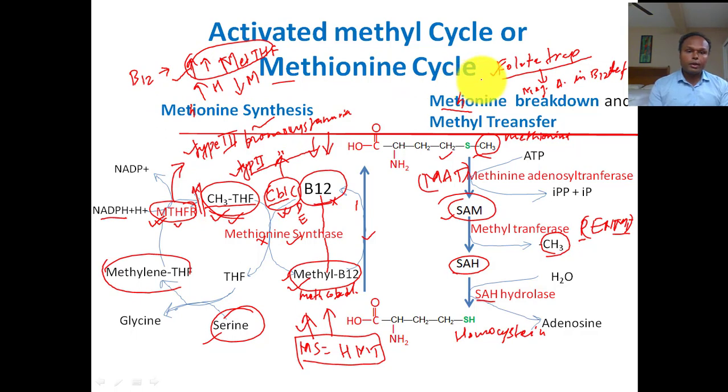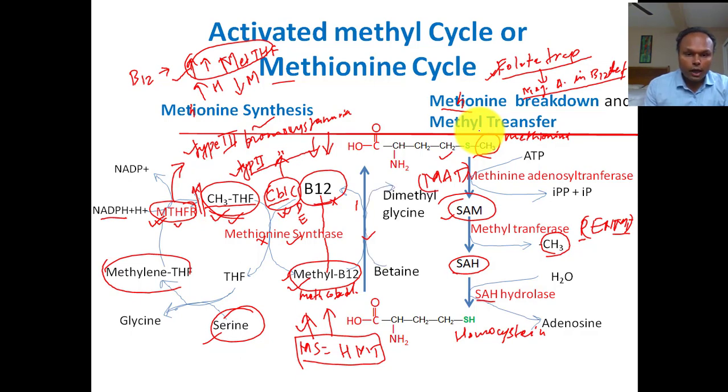So folate will also be high. In type 3, methyl tetrahydrofolate will be low, but in this case methyl tetrahydrofolate will be very high. So this is called folate trap. And in vitamin B12 deficiency, the cause of megaloblastic anemia is folate trap. So remember, these are the important points about the activated methyl cycle and methionine cycle.